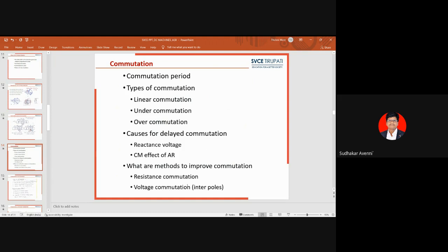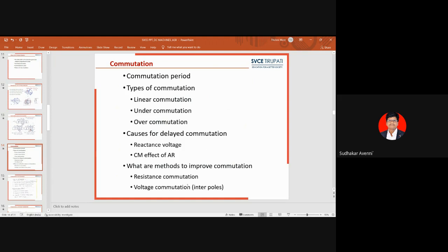If it takes more than 2 seconds, that is under commutation. If the time required is less, that is over commutation. Actually, if it takes more than the required 2 seconds, that is under commutation, which causes delayed commutation.